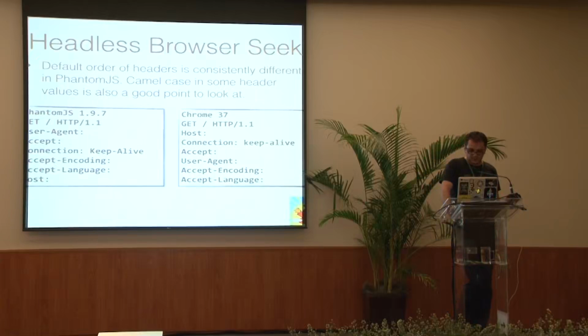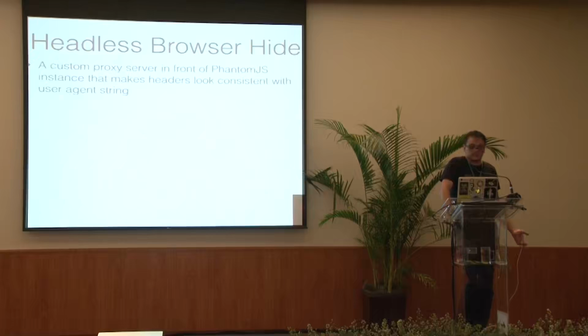What can we do about it? Well, the easiest thing would be to put some kind of proxy server in front of your PhantomJS instance that would override the header order based on the actual user agent string, for example. But putting a proxy server might not be an easy solution in some situations.